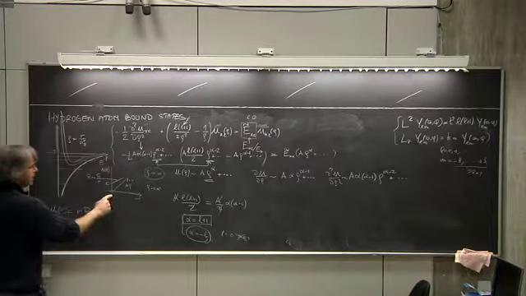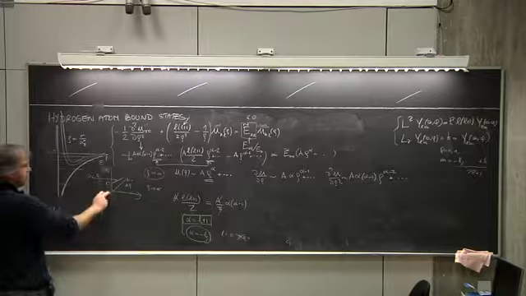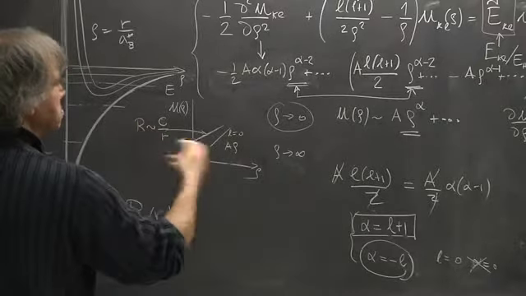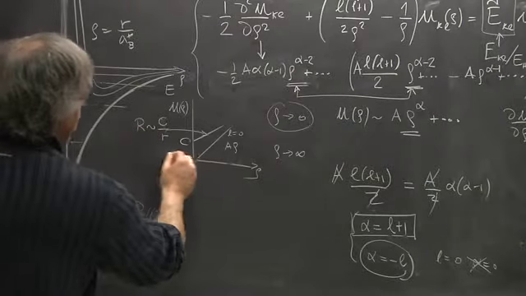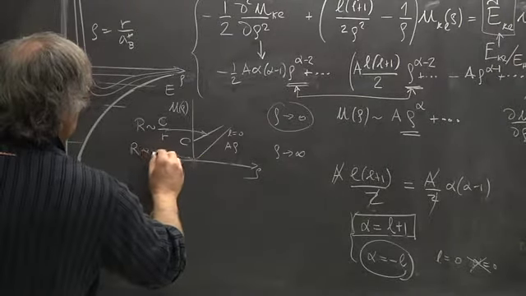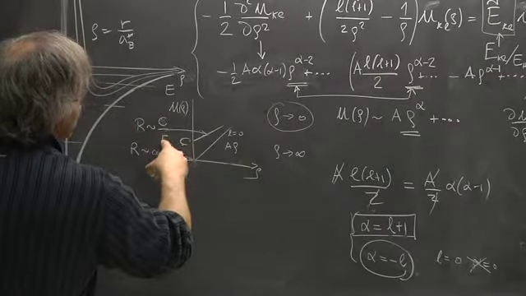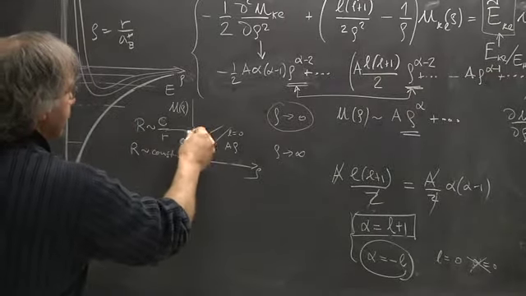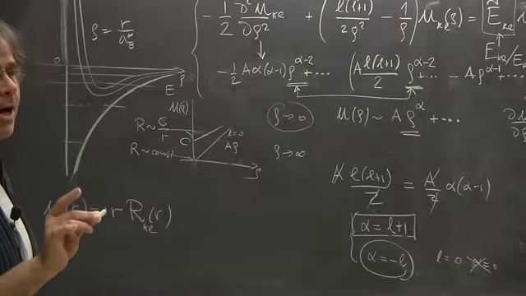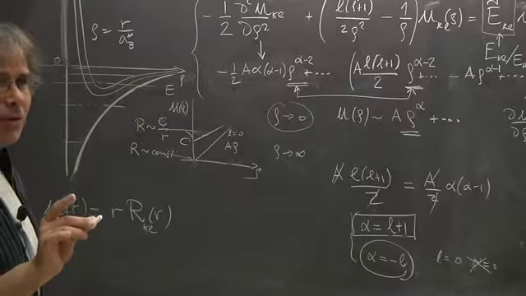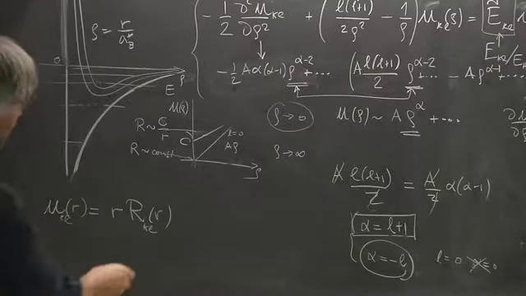On the contrary, in this case, you have just a non-singular behavior. You have some r that goes to some constant. You see the difference: in this case, r goes to a constant, and in this case, r goes to a constant divided by r. Is this clear? I need a nodding of that. Is this clear? Okay.